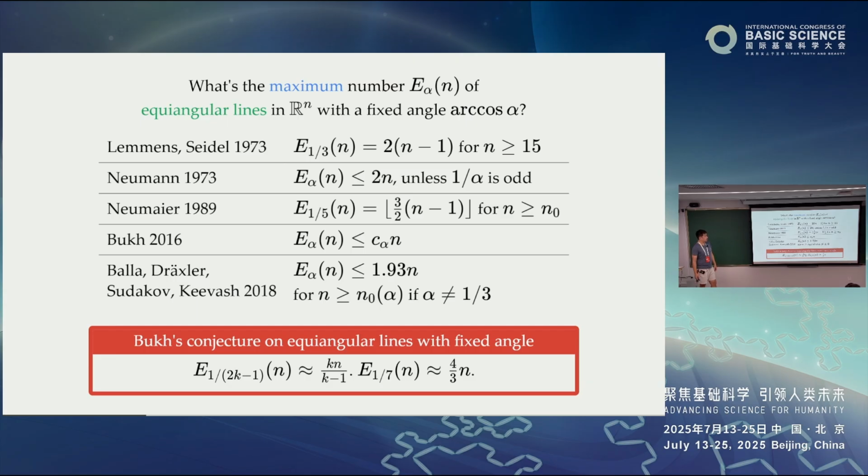So when k is equal to 2, this conjecture corresponds to the Lemmens-Seidel result, and when k is equal to 3, i.e. the cosine of the angle is 1 over 5, you get 3n over 2, give or take. And certainly the next case is when alpha is 1 over 7. And Neumaier already in his paper said that for 1 over 7, it requires a new insight.